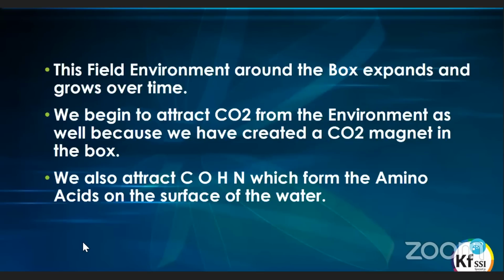We also attract a lot of the carbons, oxygens, hydrogens, and nitrogens, which form the amino acids on the surface of the water. Because what you'll find is after a couple of weeks, when you let your setup run, you will start seeing a bit of a shiny, oily layer on the surface of your water. And that is essentially the amino acids which collect on the surface of the water.